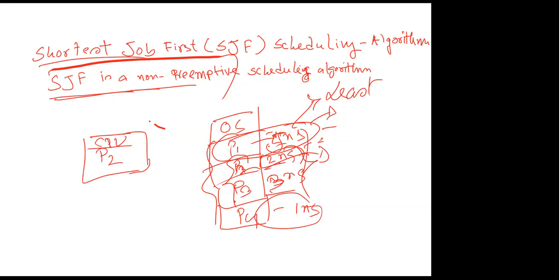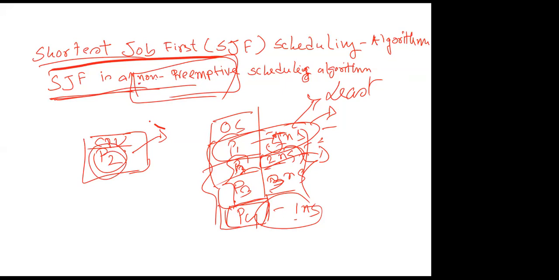But P2 is already running, and due to the non-preemptive property of SJF, P2 is currently in execution mode. So your CPU cannot stop or preempt the P2 process from its running state. Even though P4 needs 1 nanosecond, it needs to wait until P2 completes its execution.